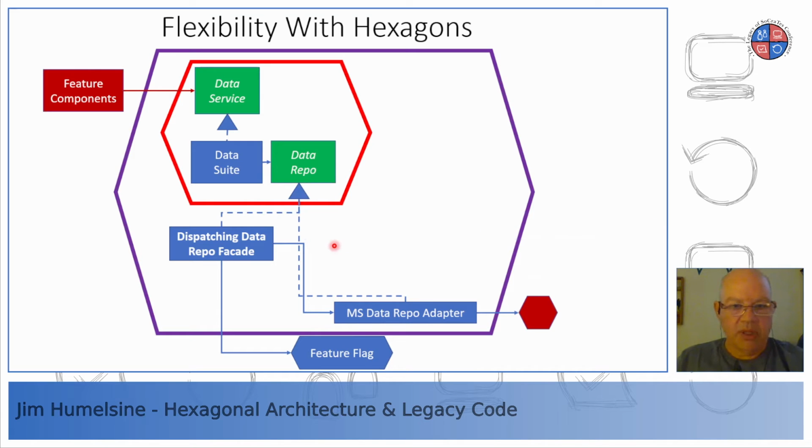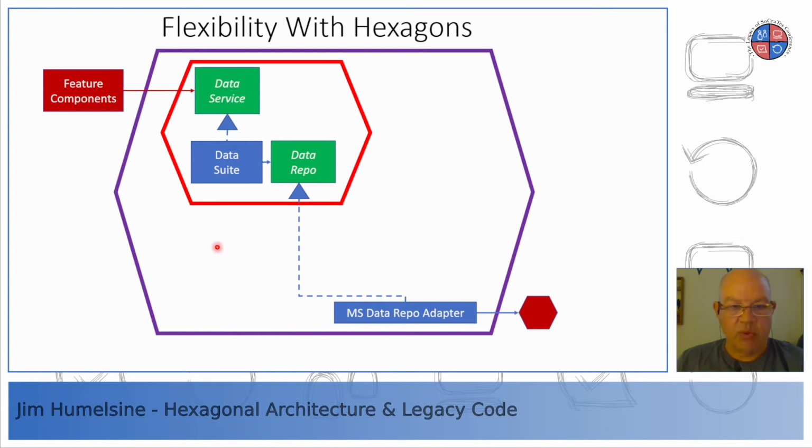Now we're left with a configuration where we have a dispatching facade that only talks to one adapter. So maybe we don't even need this anymore. We can get rid of that, and now we're left with the data suite and the data repository always talking to the microservice. And we can do that.